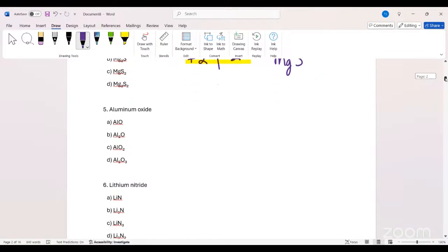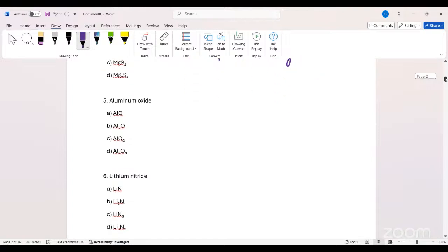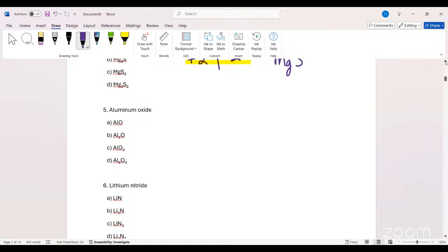All right, take a look at number 5. You've got aluminum oxide, okay? Aluminum oxide. Now, aluminum oxide, again, the symbol is Al. And I'm going to actually let you guys do this one, and you could put your answer in the comment box.